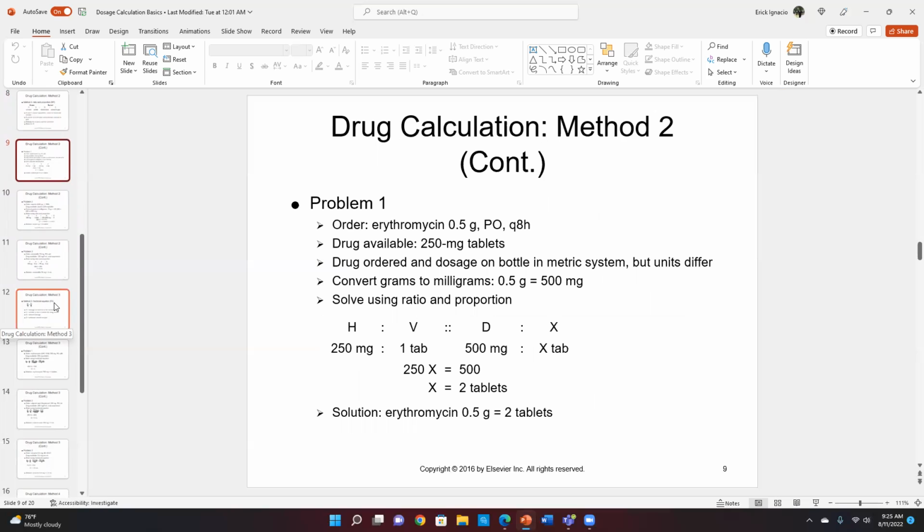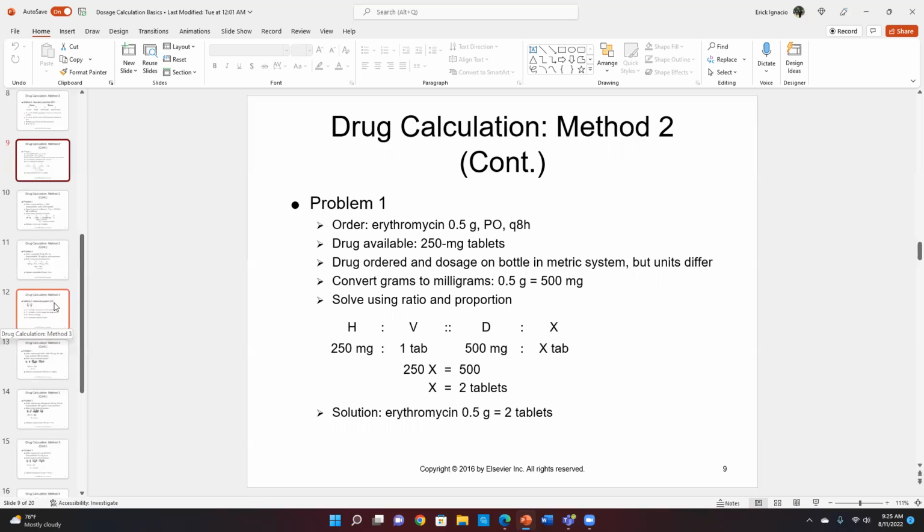So this is the same problem, and it says erythromycin 0.5 grams PO by mouth Q 8 hours. So every 8 hours we must give this medication. What's available, or how does it come? It comes in 250 milligram tablets.